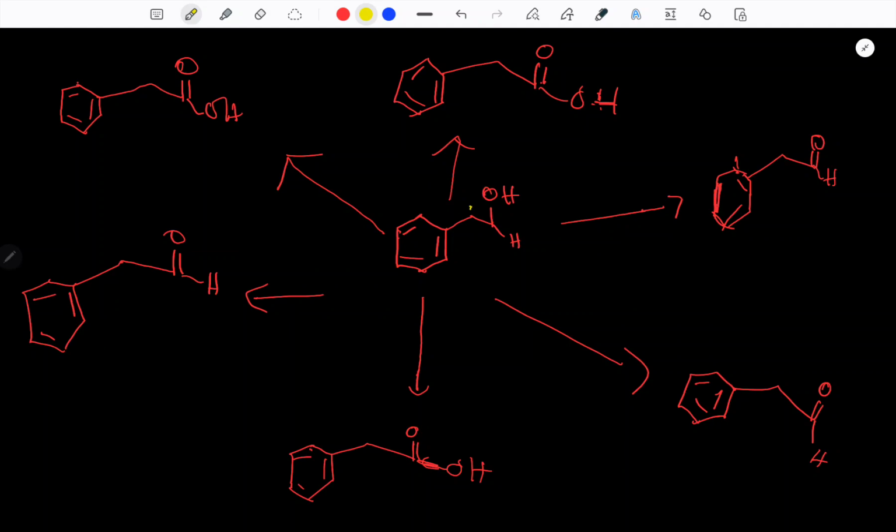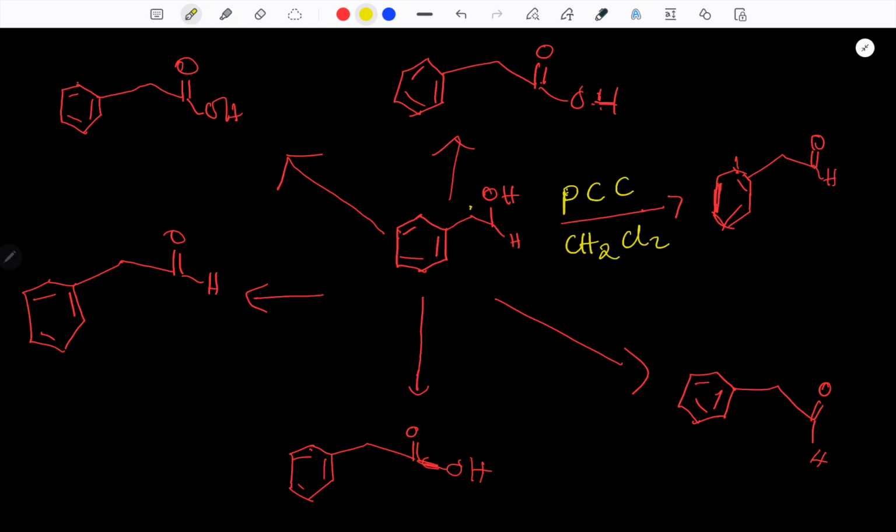So this is not a full oxidation process. It is selective because it is stopping at the intermediate instead of a complete oxidation process. So I'm going to use a weak oxidizing agent. Here you can use PCC in this solvent, dichloromethane.